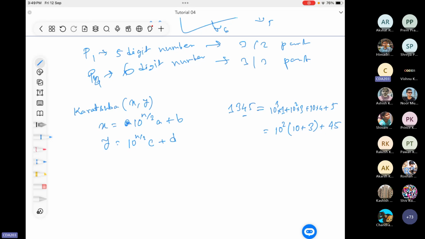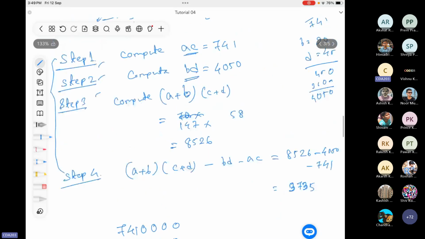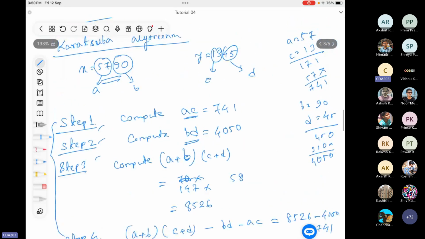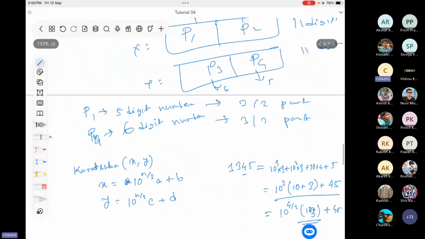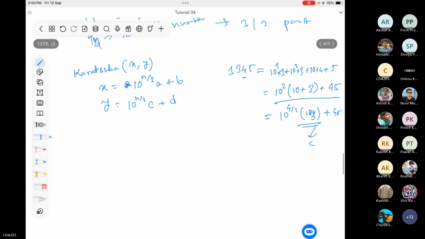Can we write this number in this form? So what is this? This is a 4-digit number. So it's 10 to the power 4 by 2, 10 plus 3 is 13, plus 45. So this part is our C, and this part is our D.